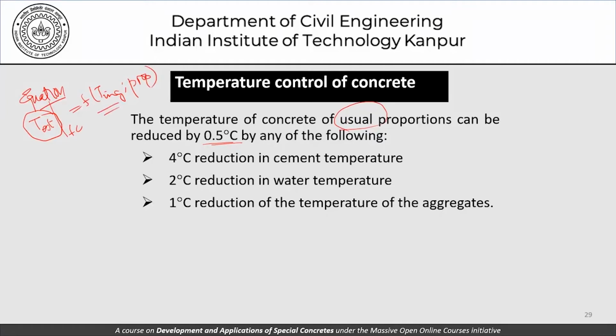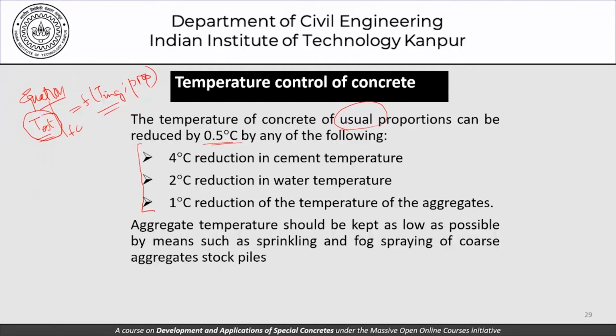Now, without invoking that equation, here is a thumb rule which says that if you want to reduce the temperature of concrete by half a degree, here are the steps that you could take, and it's up to you which route you want to use. Aggregate temperature should be kept as low as possible by means of sprinkling or fog spraying of coarse aggregate stockpiles.